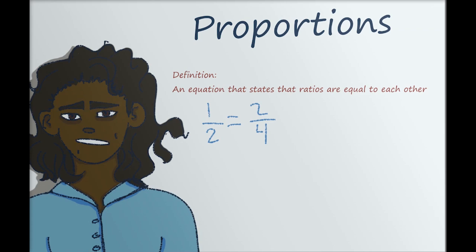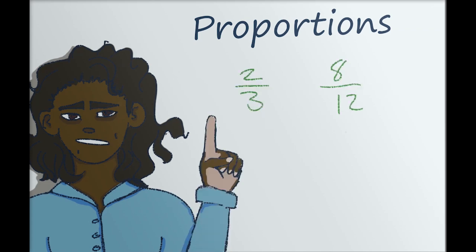So let's get in a few practice problems so we can fully understand how proportions work. Here we have two fractions, and apparently they're equal to each other. Or we need to see if they are. The first thing we need to do is find a common denominator between these two fractions. How we can do that is we can multiply 3 by 4 and 2 by 4.